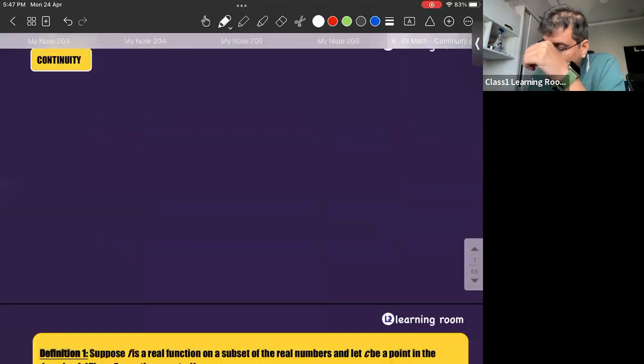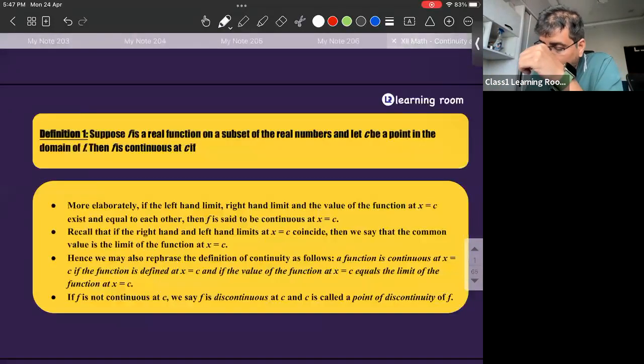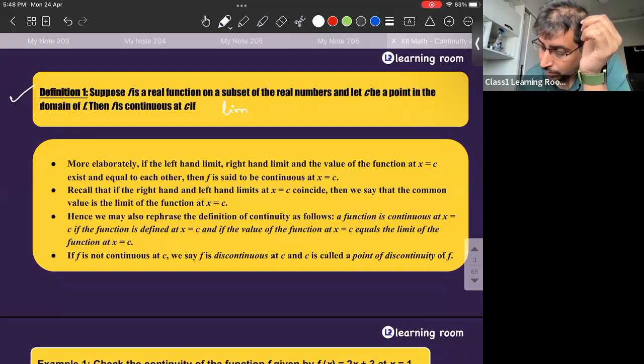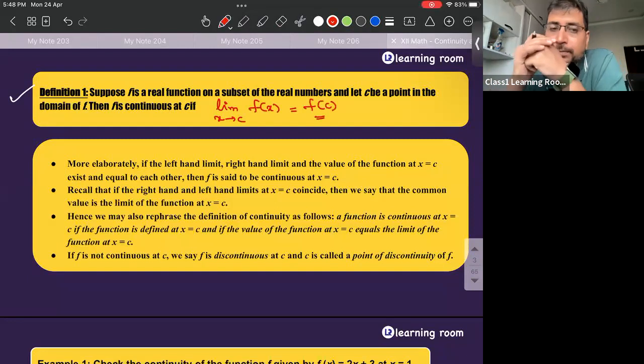So, last class, we saw what is continuity. When can you say a function is continuous? A function is said to be continuous when limit x tends to c, f of x is equal to f of c.